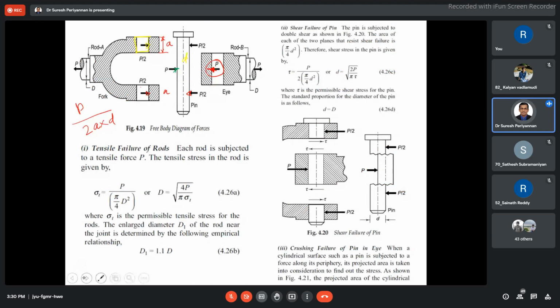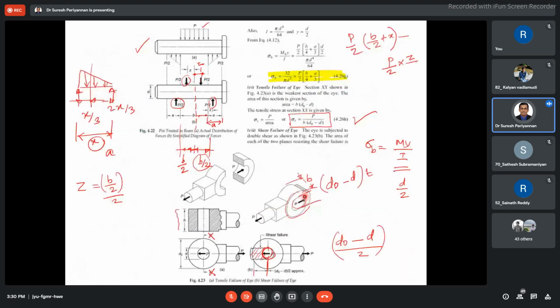This is the projection area. See here, this region is going to be subjected to tensile. Hence, D minus D naught. This is the outer diameter of the fork, both fork and eye, the outer diameter. Both are the same. Then this is the capital D naught.